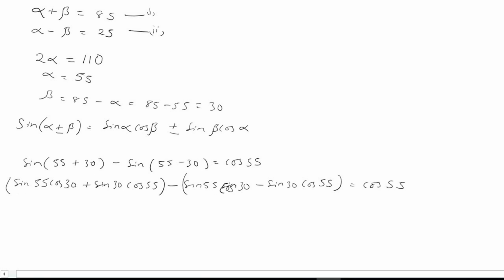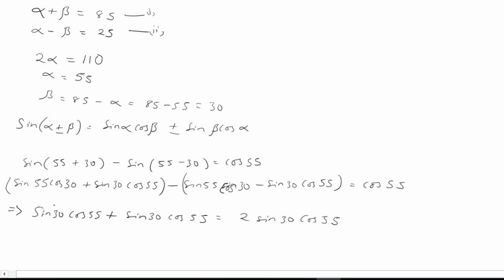So this will cancel out this, and we'll be left with 2 of this. That's sine 30 cos 55 plus sine 30 cos 55, which is 2 sine 30 cos 55.